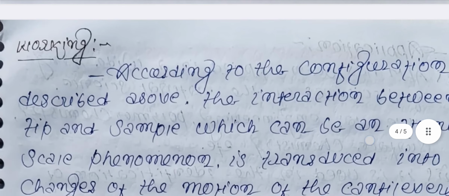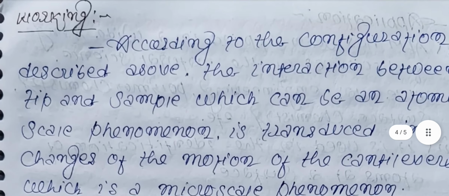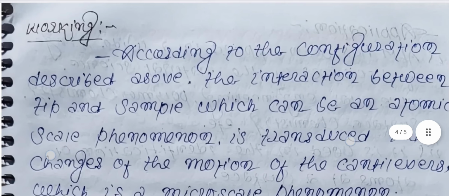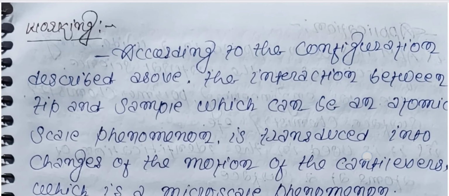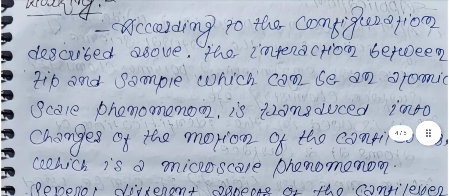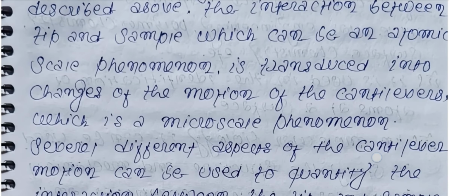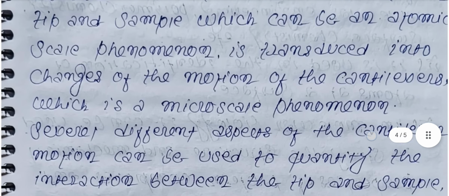Let's know the working, friends. According to the configuration described above, the interaction between tip and sample, which can be an atomic scale phenomenon, is transduced into changes of the motion of the cantilever, which is a microscale phenomenon.